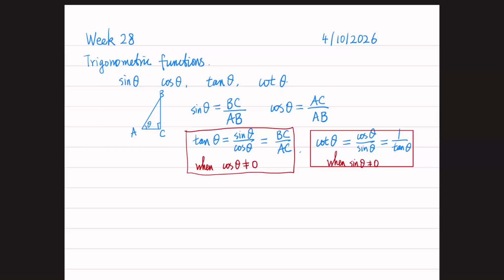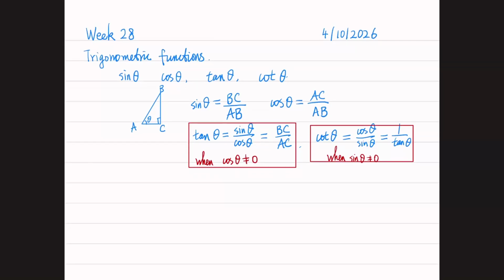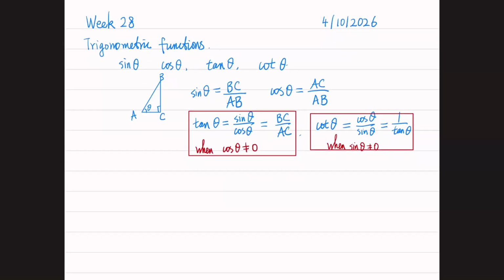Okay, let me redraw this. Later, we introduce the radian. So, degrees to radians.